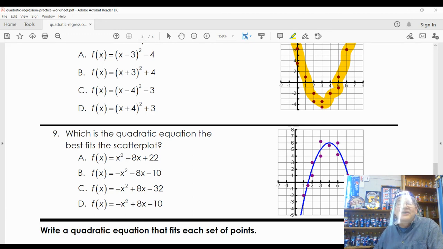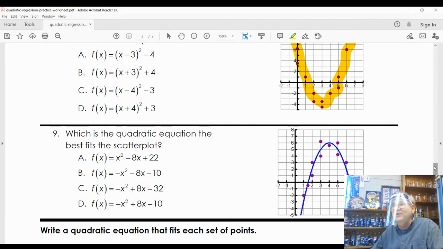Something else that's kind of important on this, though, is that you could at least narrow it down to a couple of choices by looking at what the parabola they have graphed there looks like. And if you realize one thing about it, first of all, it's an upside down parabola, which means it has to have -x squared.